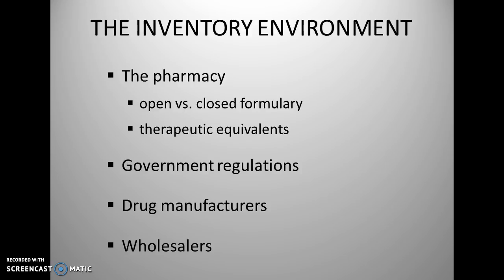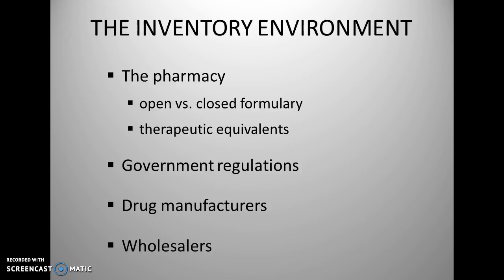Within the pharmacy, you have what is called open and closed formularies. So in detail here, many hospitals, HMOs, insurers, and other healthcare systems maintain a list of medications called a formulary. These are the medications that are approved for use within that particular system. Some are called open formularies, and these are ones that allow for the purchase of any medication that is prescribed.